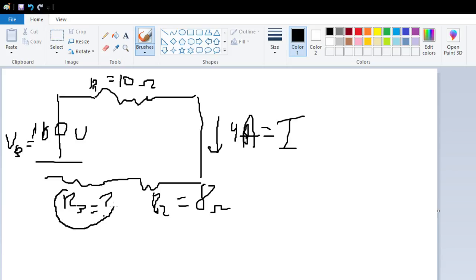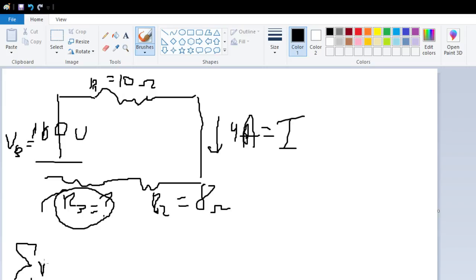This is how you prove Kirchhoff's law. So basically, it's saying that the sum of the voltage differences is going to be 0. If we wanted to expand our equation from earlier, it's going to look like this.